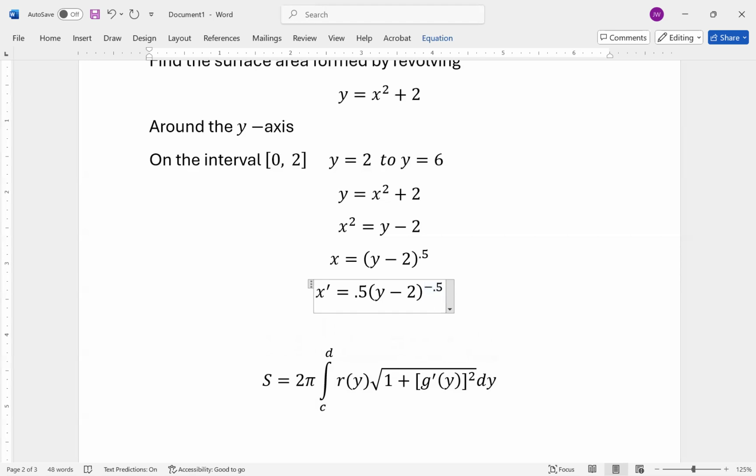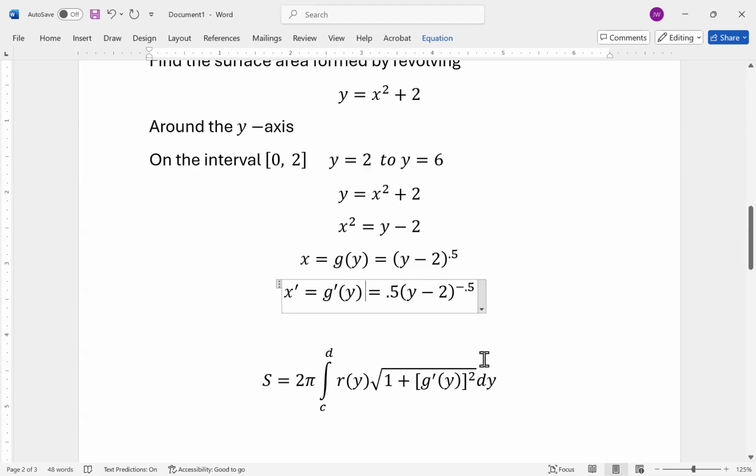And the derivative of the inside function is 1, and 1 times anything doesn't change anything. So this is my derivative. This x is my g of y function, and this x prime is my g prime of y function. That's what I'm going to be plugging in here.